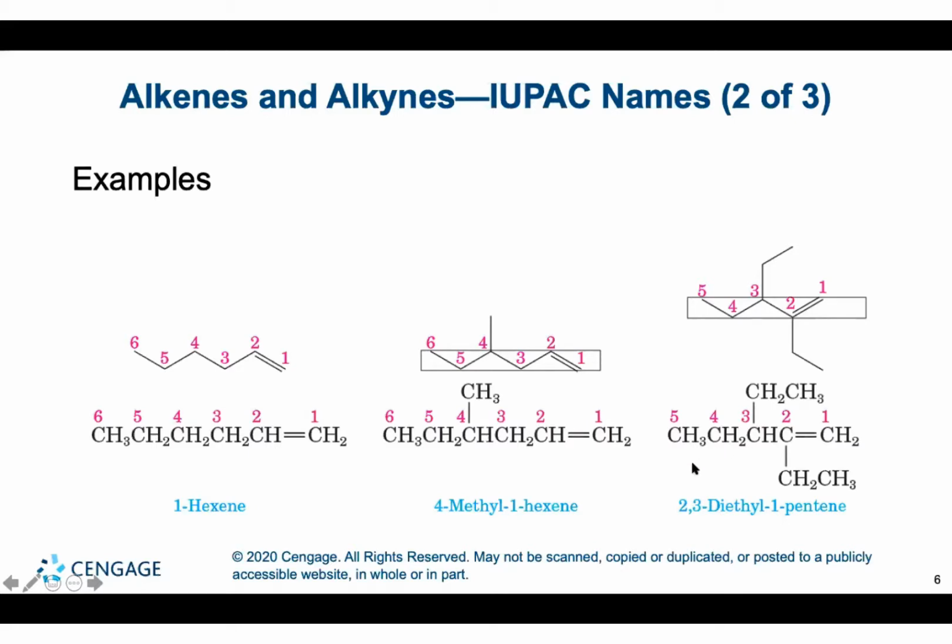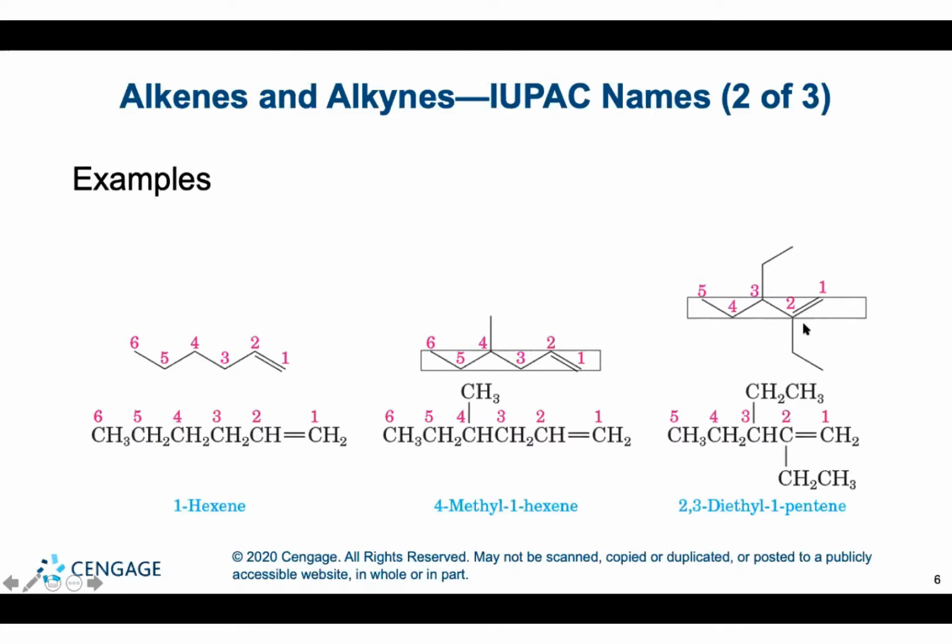Okay. What about, guys, if we had a methyl here instead of ethyl? How could we start naming it, to write a name for it, if we had a methyl group here instead of the ethyl? Still, we would number from the right side. Why?